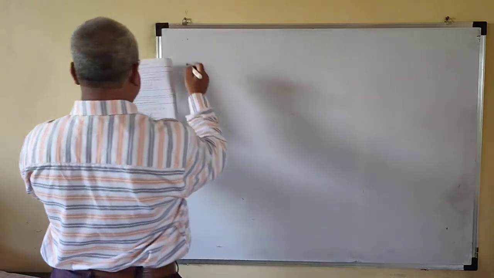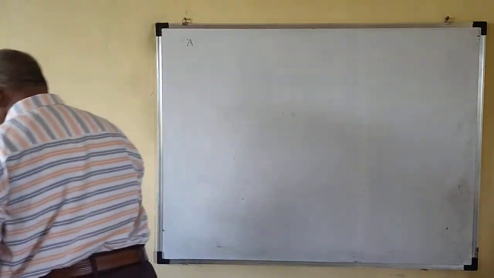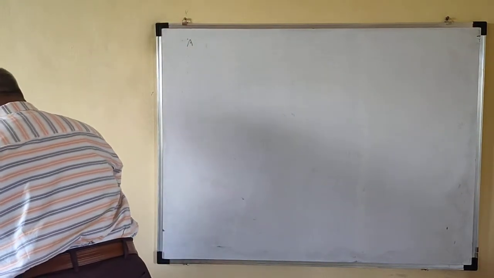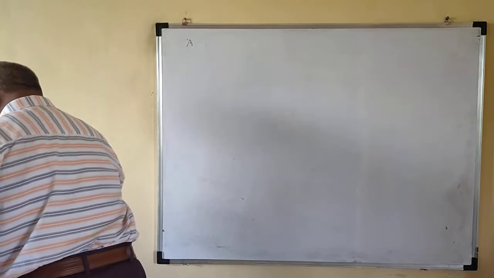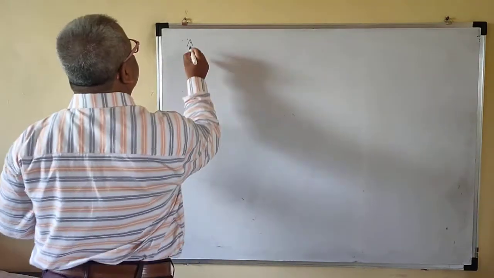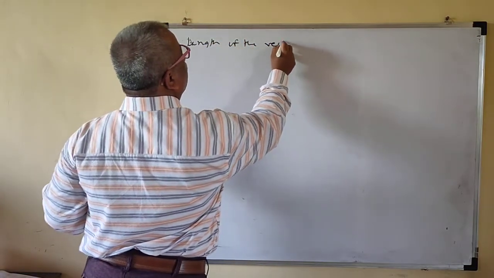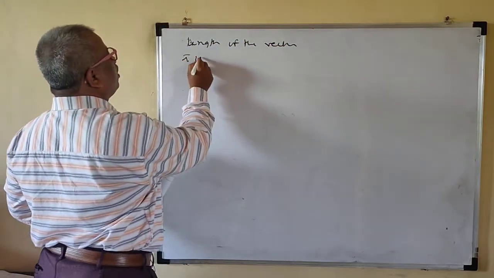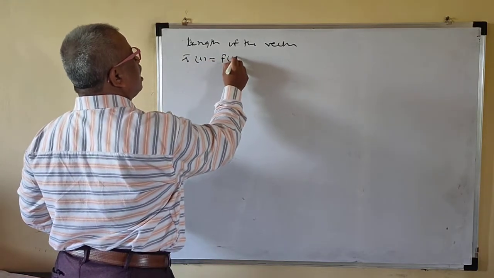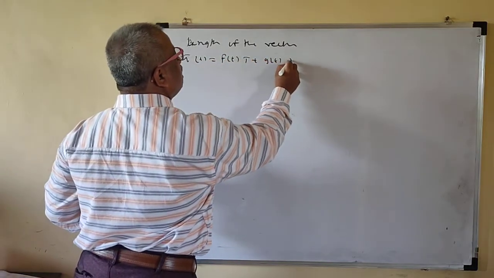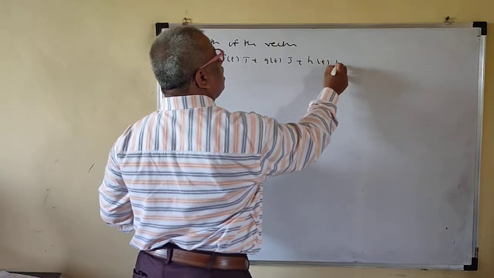What is the arc length? Before arc length we will find the length of the vector. Suppose r bar of t is equal to f of t i bar plus g of t j bar plus h of t k bar.